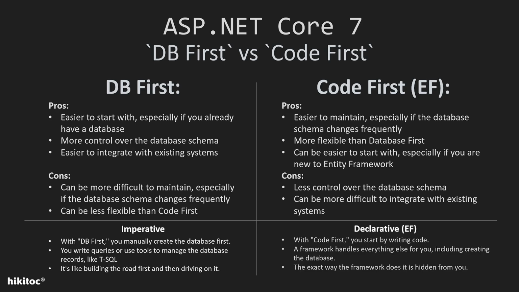In essence, you are telling React what you want, and it handles the how for you. The top part of the slide on your screen is an explanation from a book. It can be blurry to understand what DB First or Code First is, so I always rephrase it with an example at the bottom of your screen. Imagine that you need to go to another city. For that, you need to build a road. Road building will be time-consuming and resource-consuming, with many other factors like documenting, planning, subcontractors, and so on. But the result will be well known to you, so you will build it exactly as required using the best world knowledge.